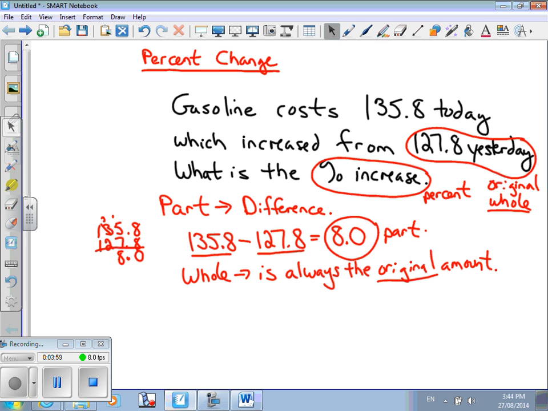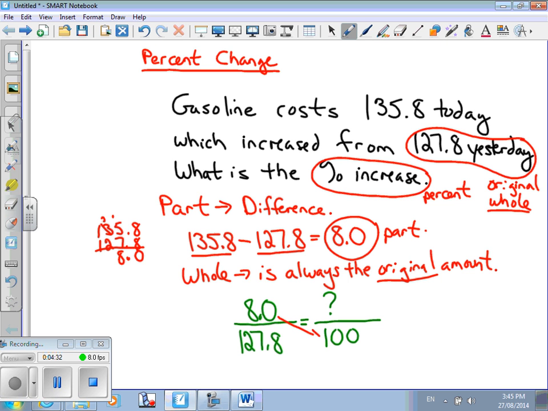Now we're ready to set the question up exactly the same way we have set up all of our previous questions using the fraction method. We've got the part, which is the difference between the two amounts, the 8. We've got the whole, which is the original amount, 127.8. And what we're trying to figure out is what percent, and in this case, percent increase is that.